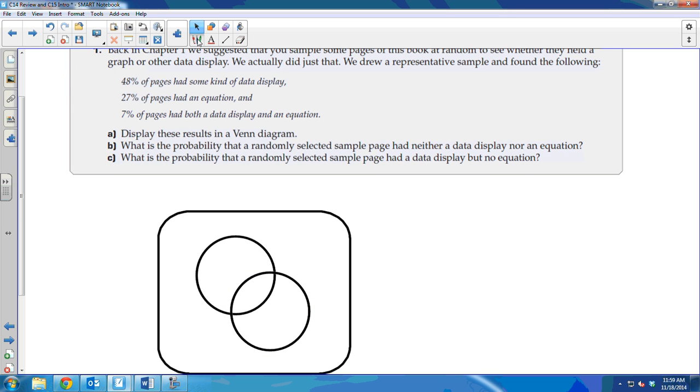Perfect. Now, what percentage is in the intersection that has data displays and equations? 7%. So we're going to put a 0.07 in the middle, right?